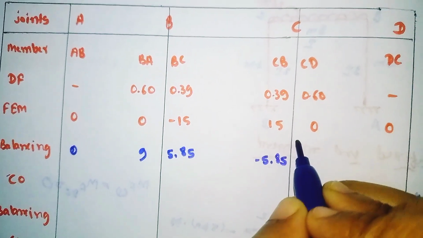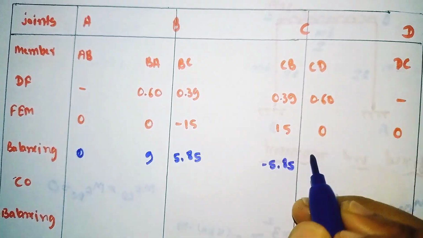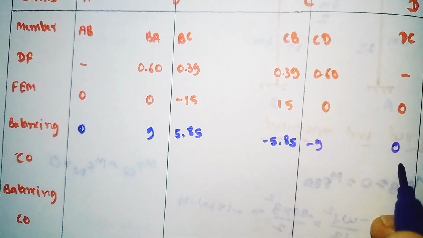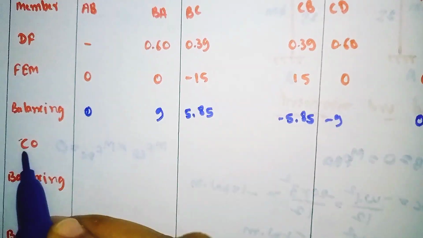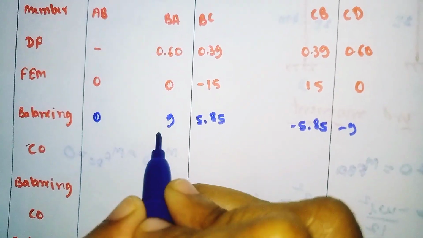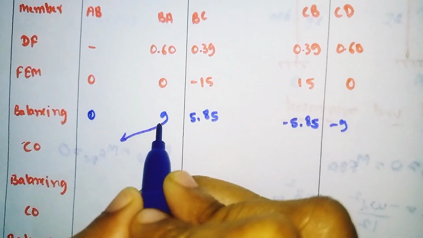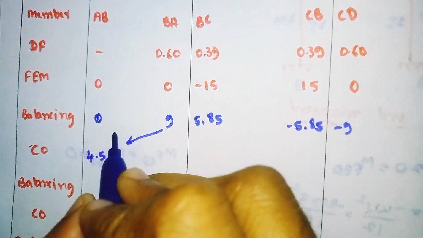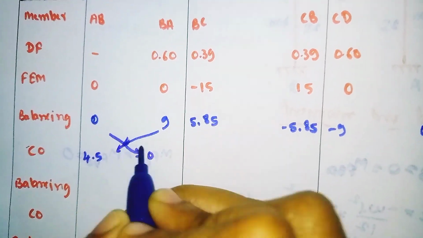Here also minus 15 into 0.60. It will come out as minus 9. So here no value, keep it as 0. Then carry over means we need to do half of this and send it to the opposite side. So half of the 9 is 4.5 and 0 is same as it is.